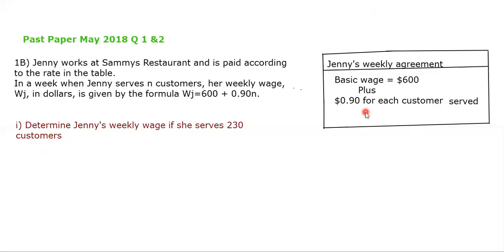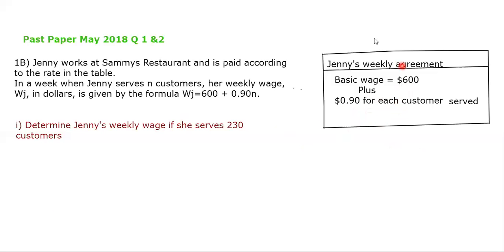So therefore, if we have a certain amount of customers, then we know that we'll multiply the amount of customers by this number. That's the basic thing to keep in mind. Good? Now that is basically what question 1 asks for. And don't forget to add it to the 600, because 600 is the basic wage, right?